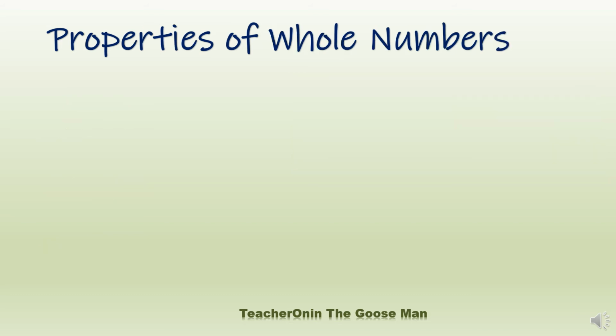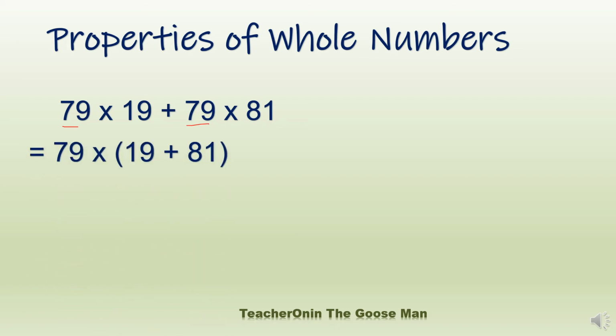Give me the answer of this operation mentally. It's quite difficult, right? But I can show you a certain technique such that I'll regroup the common factor, which is actually 79. So I'll factor it out. So meaning to say I have 79 times, since I have here 19 plus 81. So take note that 19 plus 81 is equal to 100.